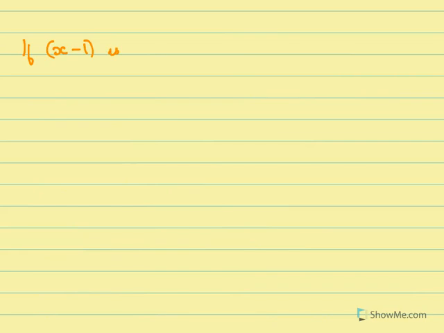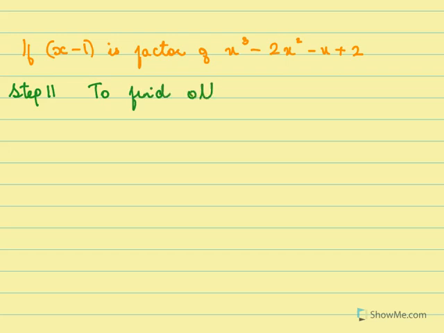If x minus 1 is a factor of x cube minus 2x square minus x plus 2, the next step, step 2, is to find the other factors. To find the other factors, we need to do long division.